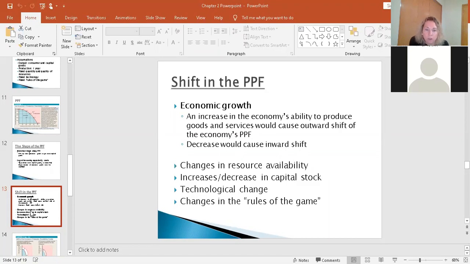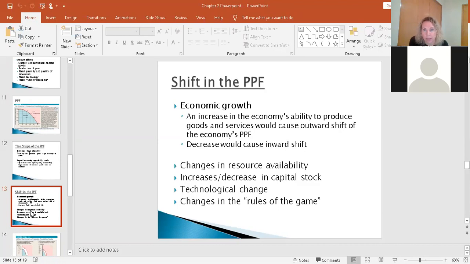And technology typically only shifts the PPF upward and outward. If you implement technology and it decreases your PPF, please stop using the technology, right? Typically, it only makes things better, not worse. Sometimes it can make things worse for a little while, but after the learning curve, push it back up. But technology usually works in just one direction.